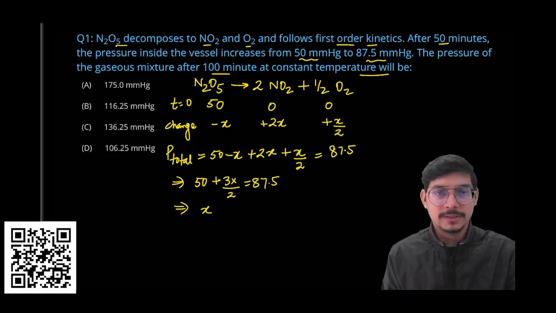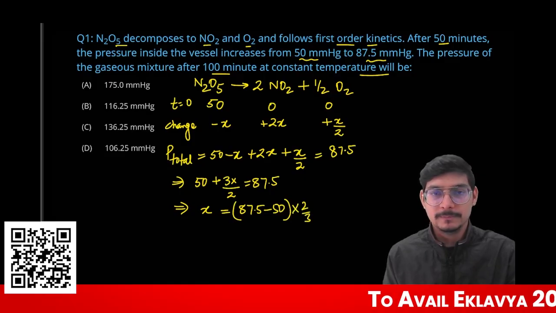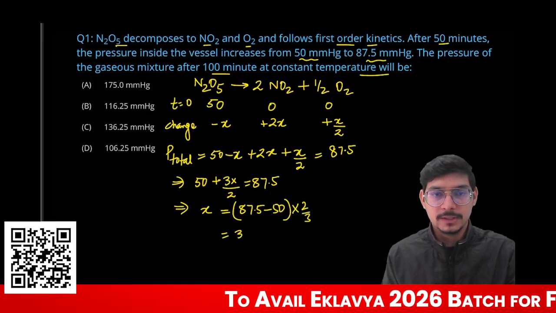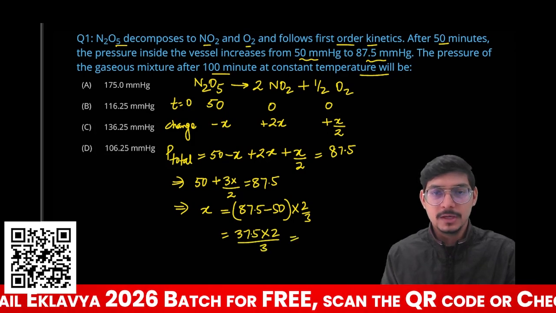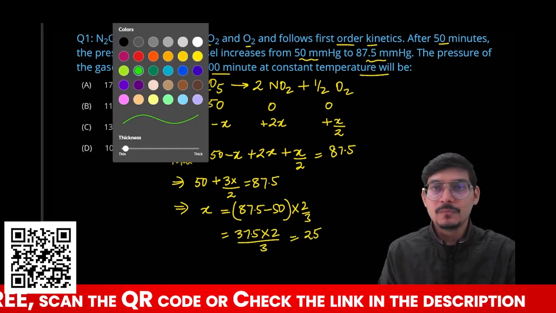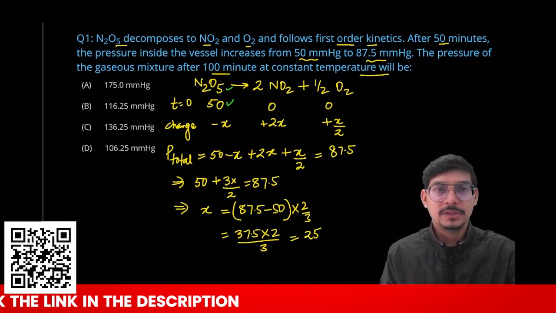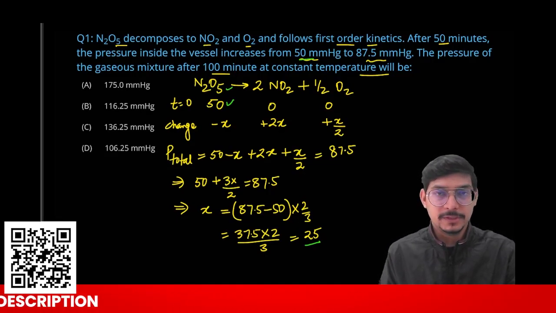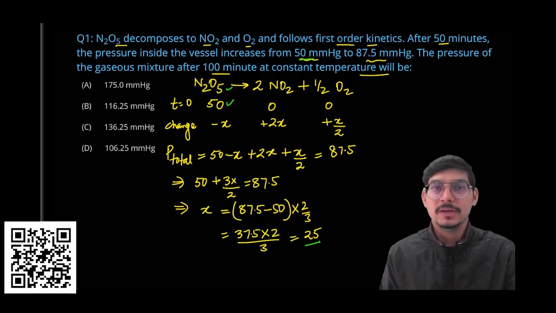So x is equal to 87.5 minus 50 multiplied by 2 by 3, which is 37.5 multiplied by 2 divided by 3, that is 25. This means that the pressure of the reactant N2O5 falls from 50 millimeter of mercury to 25 after 50 minutes, because 50 is the initial pressure, the change is 25, so the leftover will also be 25.